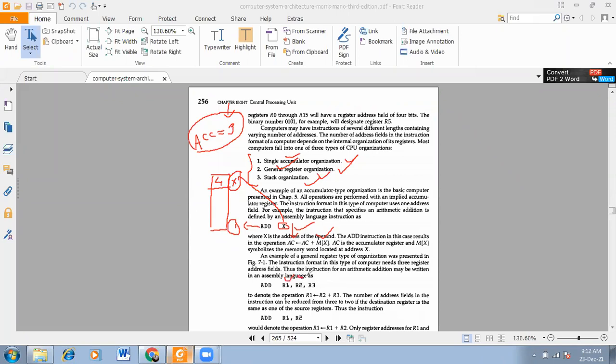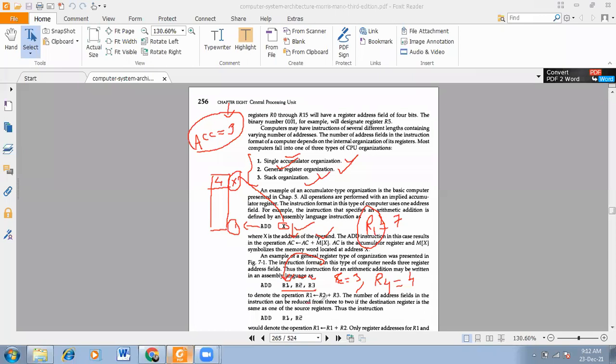In this case, maybe R2 contains 3, maybe R3 has 4, and ultimately these two must be added, and ultimately it will be stored where? In the R1 register. So 3 plus 4 is added and stored in R1.